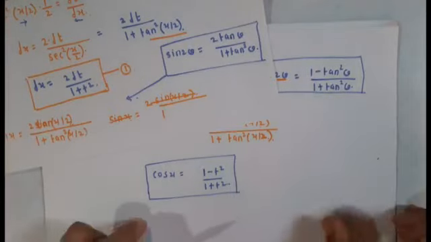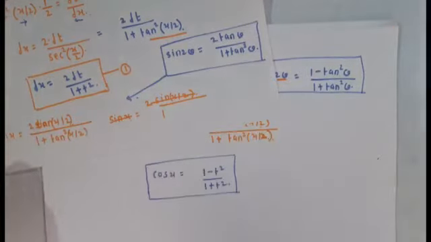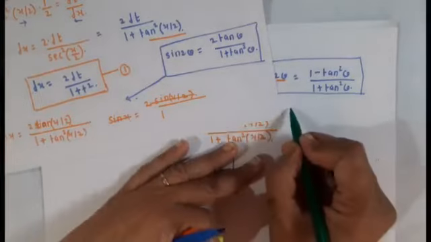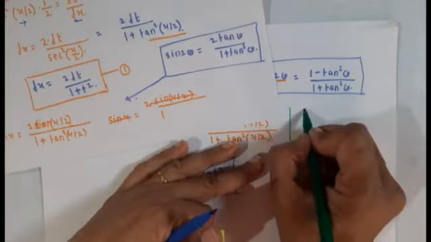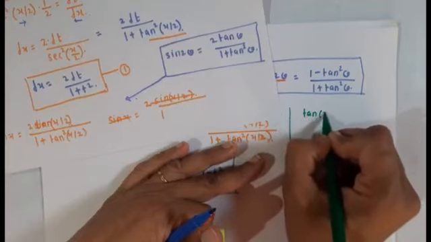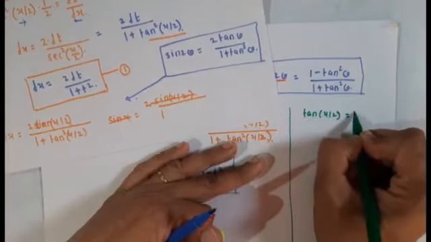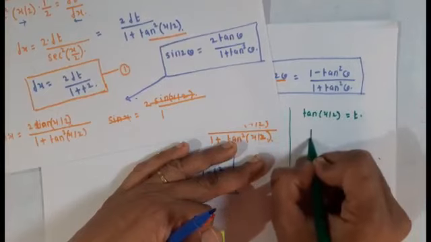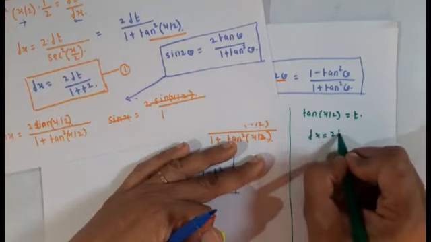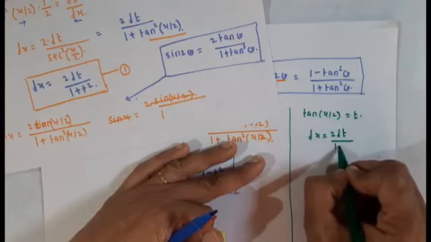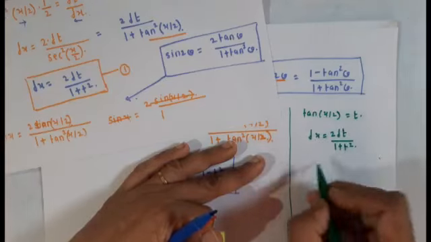Okay students, while solving the problems, let us write down these values. For solving this type of problem, put tan of x by 2 equal to t, and that's why dx equals 2 dt upon 1 plus t square.